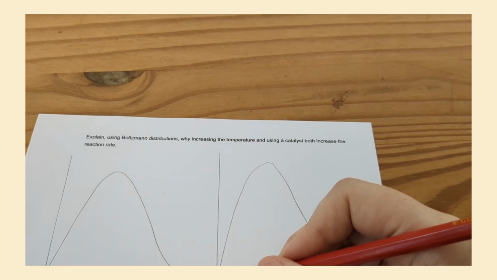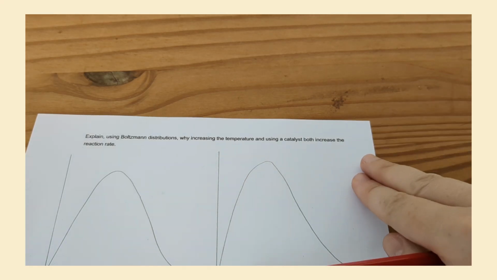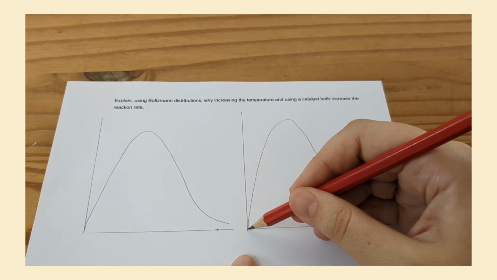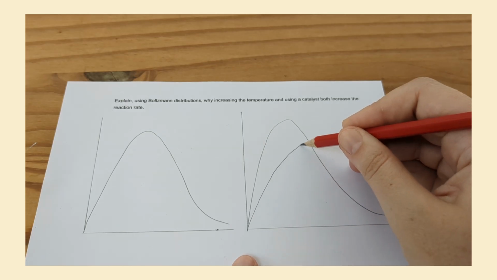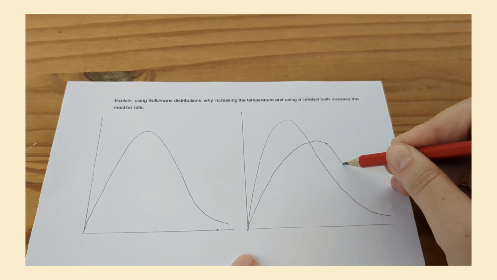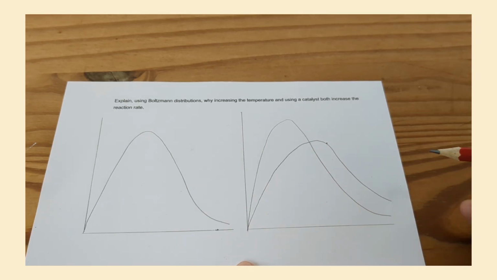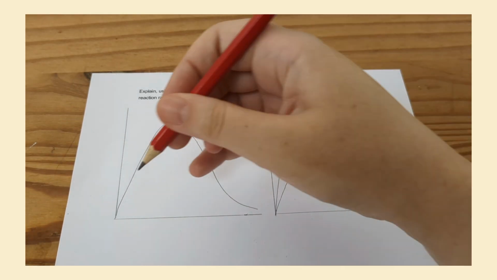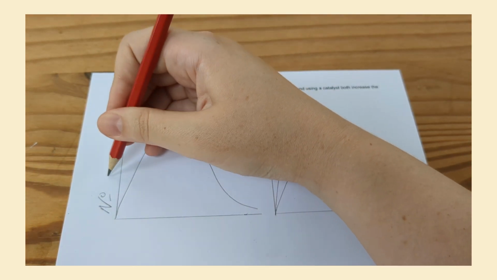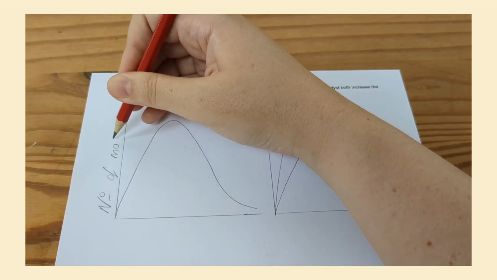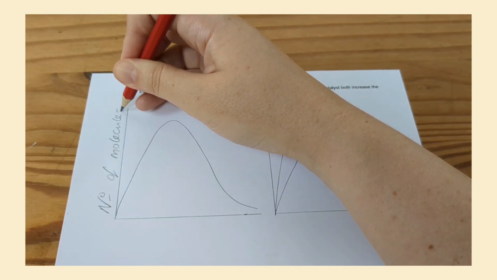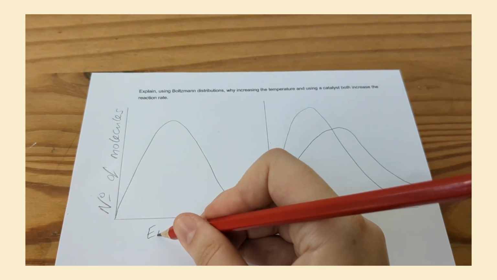And then I'm going to do another curve, also starting from 0, 0, and it's going to shift to the right. It's going to be lower in energy and it's going to be wider. And don't forget, we need to label our axes as well. So here, number of molecules, or we can have number of particles, either's fine. And on this one, energy.